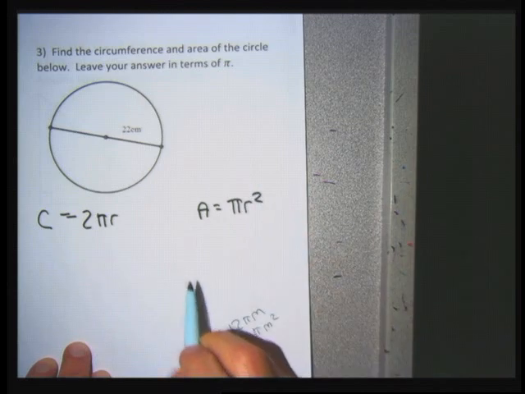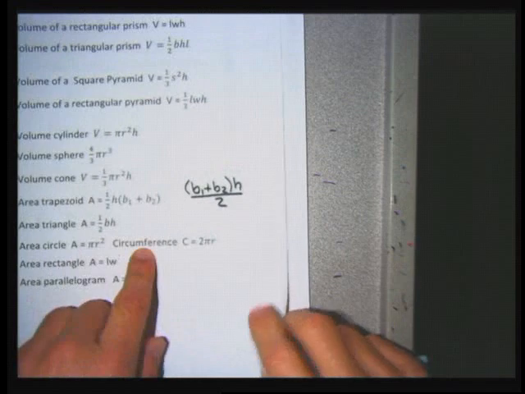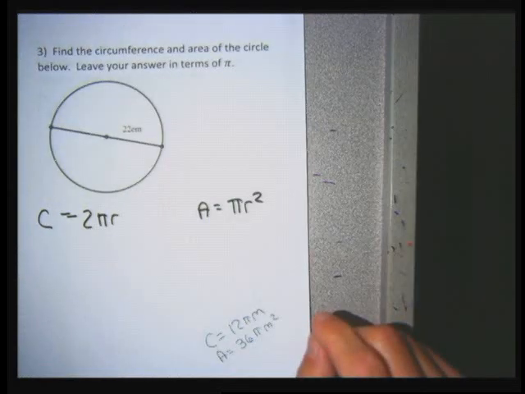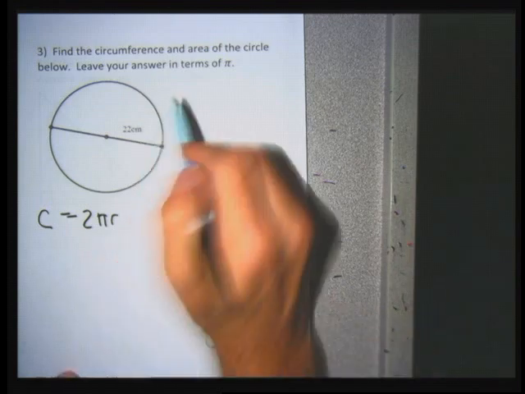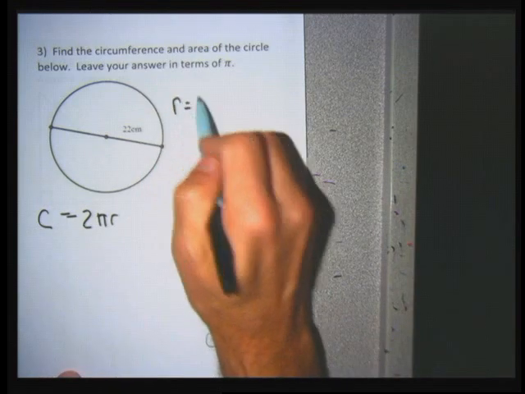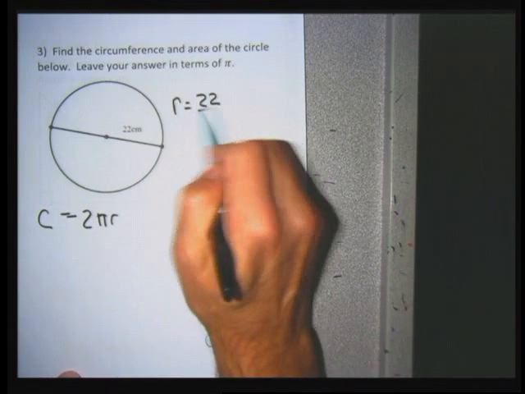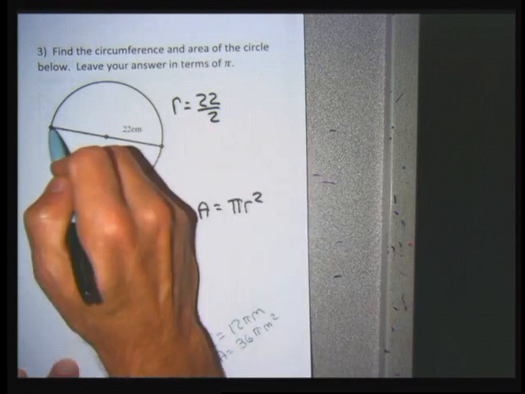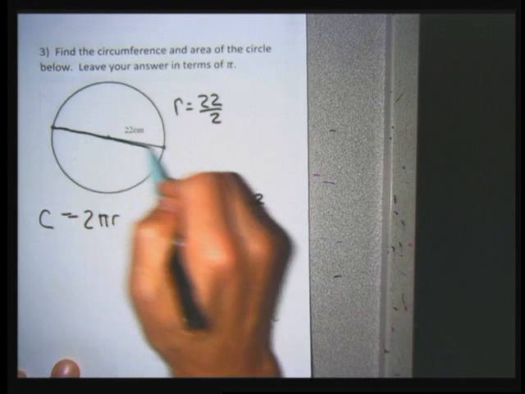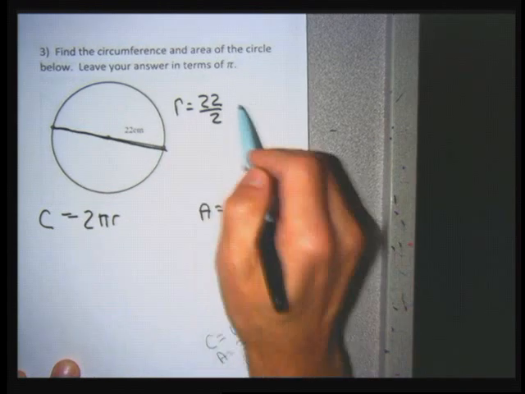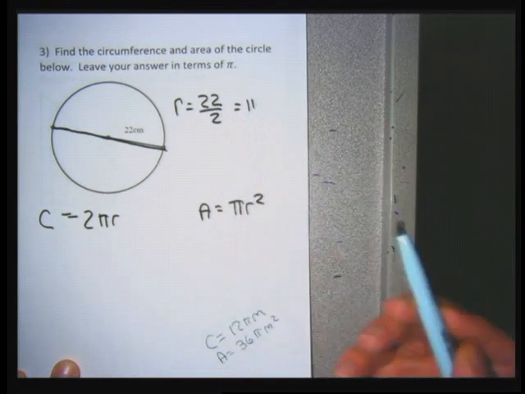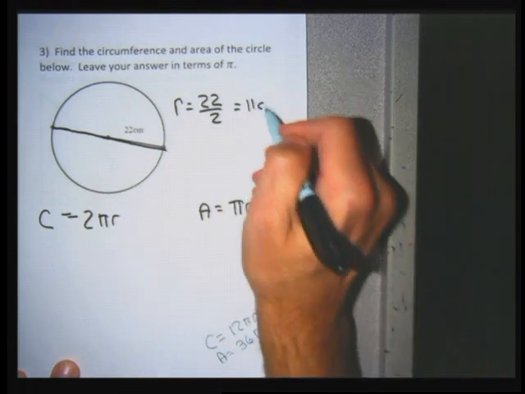Both formulas that I have on this sheet, area and circumference, need the radius, and I have a diameter. So the radius is going to be half of the diameter, and this length right here is a diameter. The 22 is the d, and my radius is going to be 11 centimeters technically.